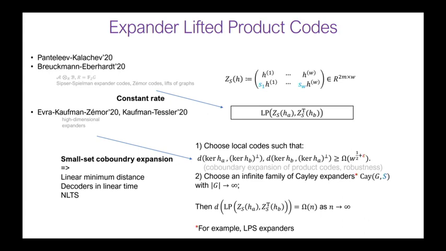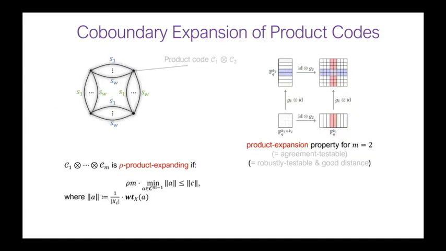A particular property that we borrowed from this paper is so-called co-boundary expansion. We reformulated this co-boundary expansion for product codes, and it turned out that this notion is intimately related with robustly testable codes. And if you have this property, then together you obtain good codes.